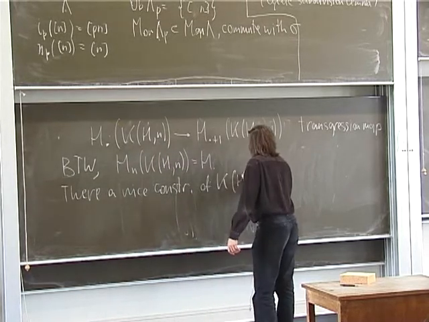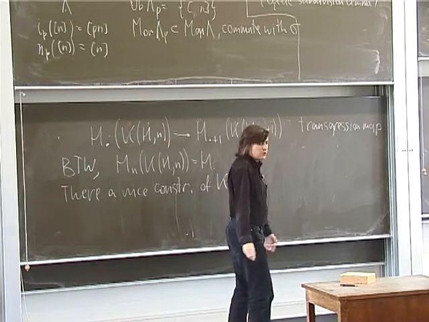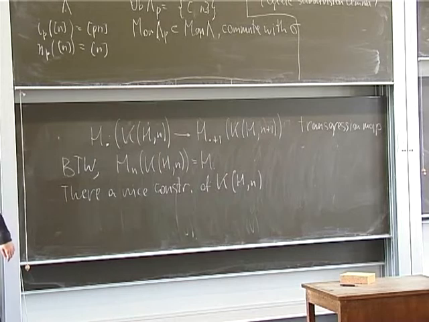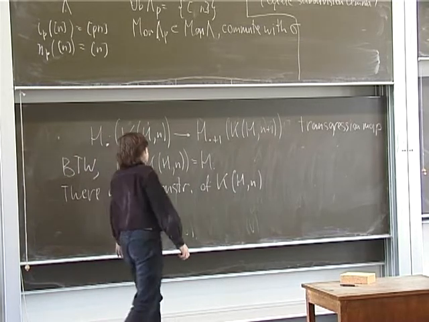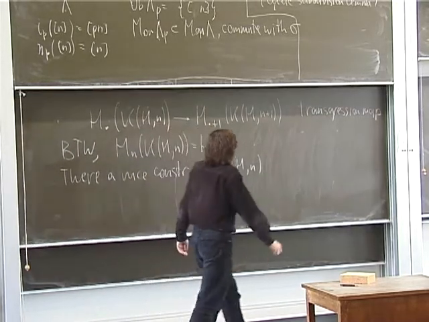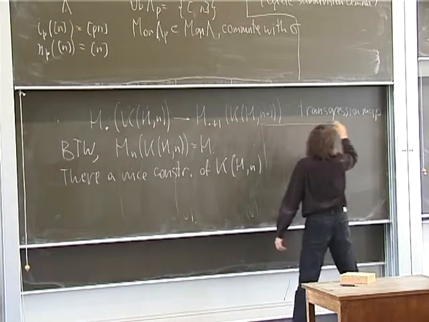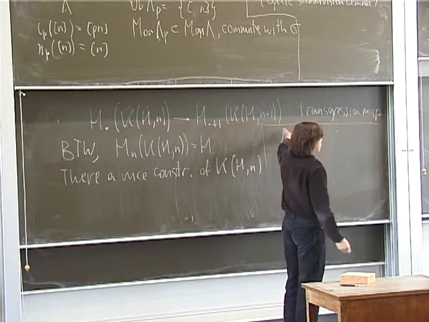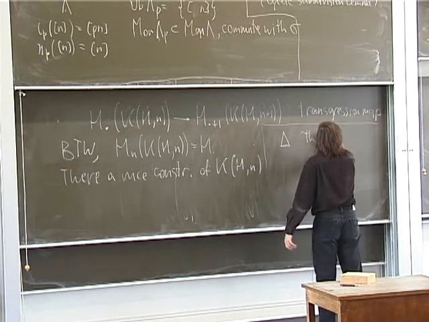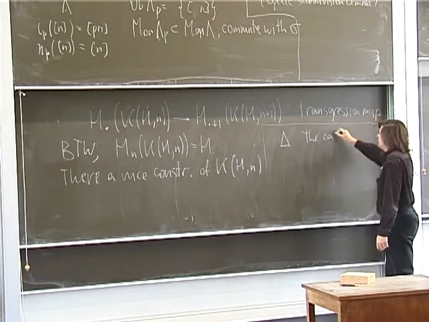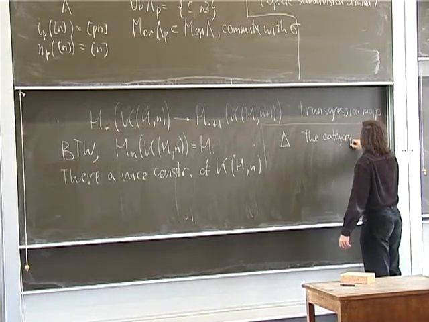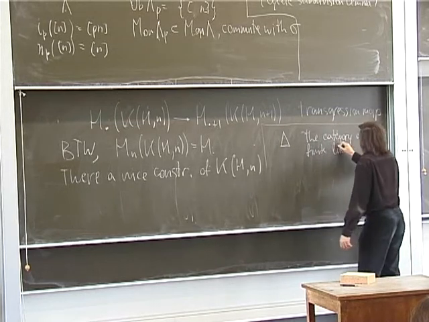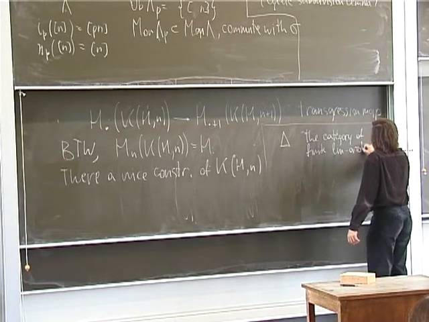Namely, we know that one of the ways to construct topological spaces is to start from simplicial sets. So I remind you that there is a finite category called Delta, the category of finite linearly ordered sets.